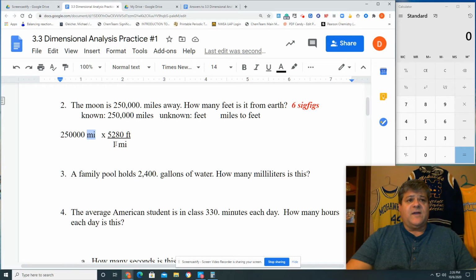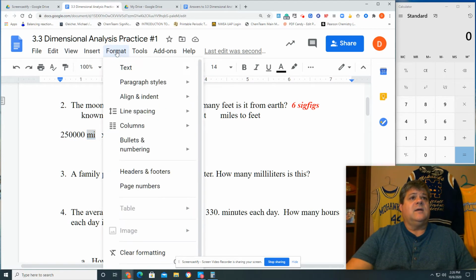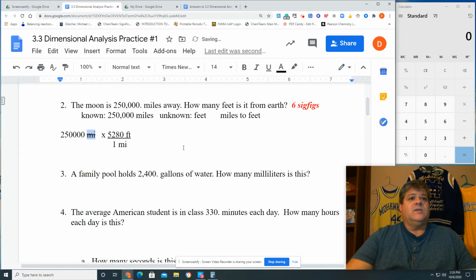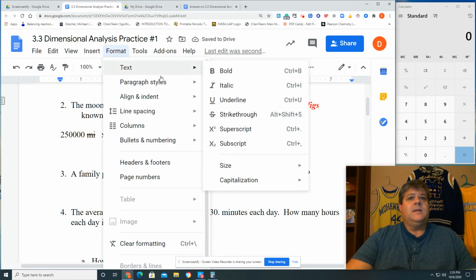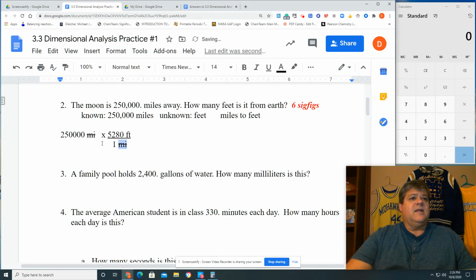Remember that the conversion factor is basically the same value over the same value, so we're just multiplying by 1. So we strike through this miles and do the same thing with the miles on bottom. Now we're just left with feet.